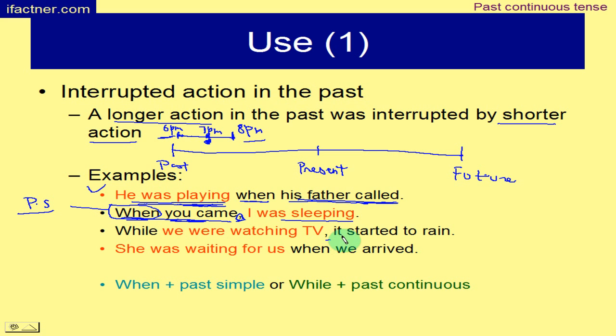It started to rain. We were watching TV and the longer action was interrupted by the shorter action. It started to rain at 7 p.m. and it stopped raining at 7:30. Another example is she was waiting for us when we arrived. She was waiting for us when we arrived.